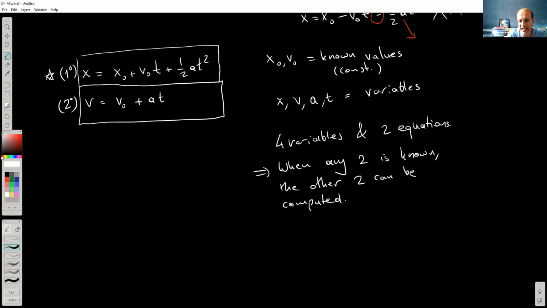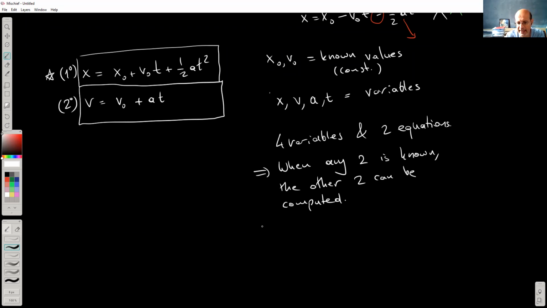Or you can think of it like this. You can express any one of them in terms of 2 of the others. So if, for example, I think about x expressed in terms of v and a, there should be an equation that relates these 3 variables to each other.